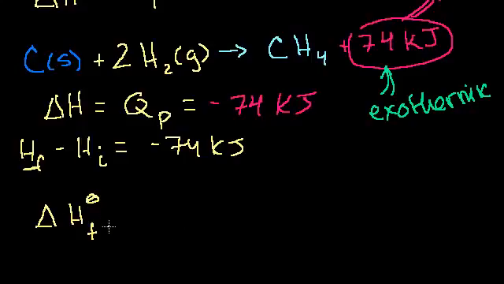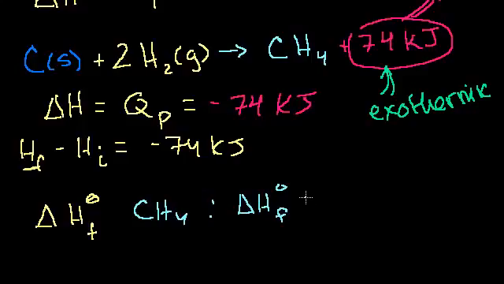And what that is, is the change in enthalpy to get to some molecule from its elemental form. So for example, if we want it for methane, and we want to figure out its heat of formation, we say, look, if we form methane from its elemental forms, what is the delta H of that reaction?